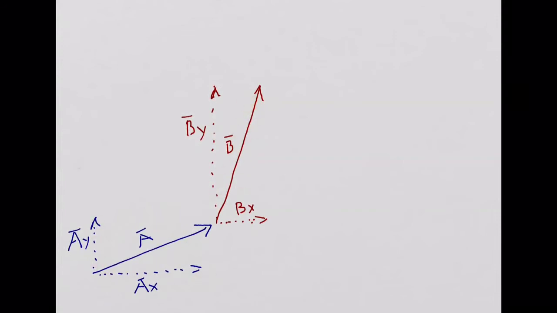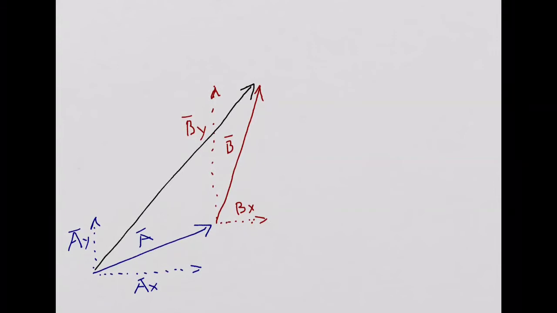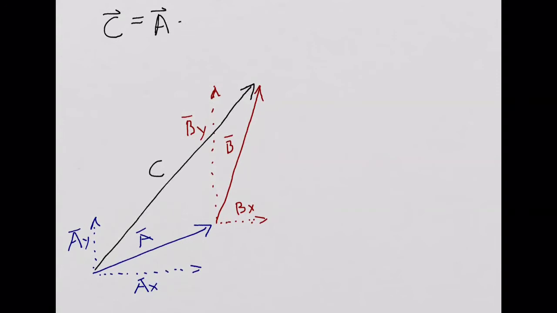We also have vector B with a component in the x direction and a component in the y direction. What I'm going to do is I'm going to add the vectors, and graphically they would look like this. Let's call that C. So I want to find out if C equals A plus B. I want to find out how to figure that out quantitatively.